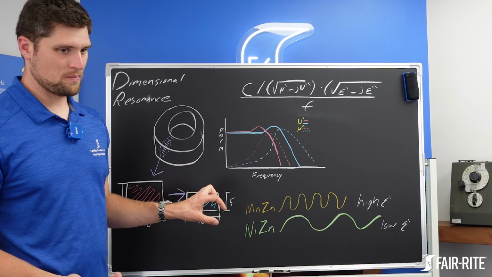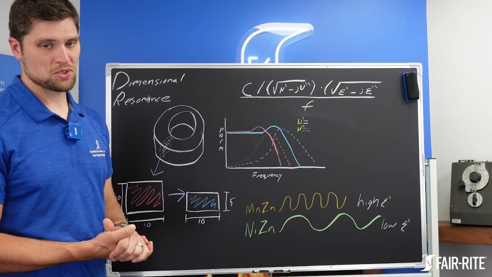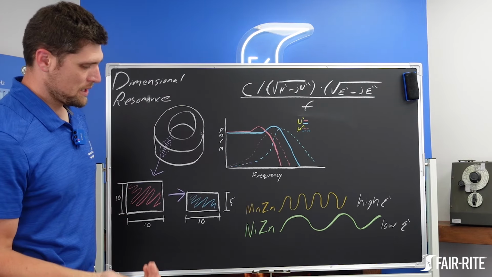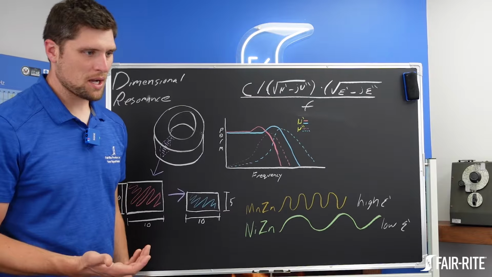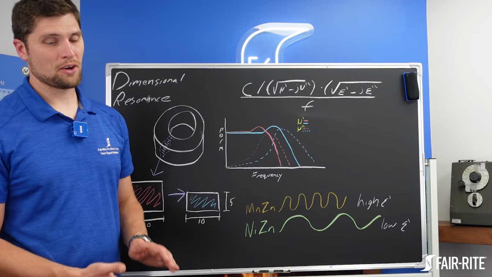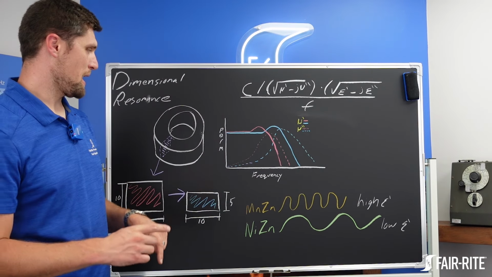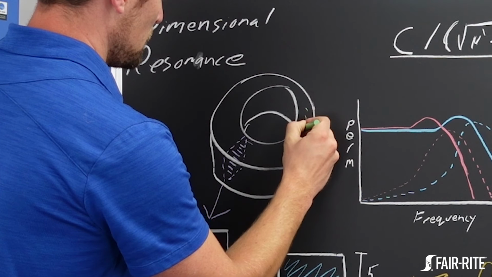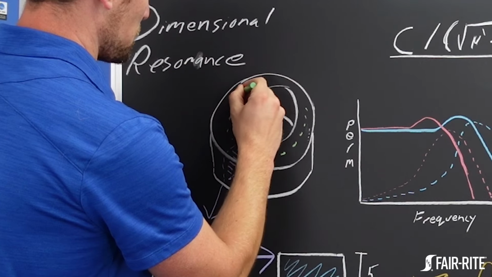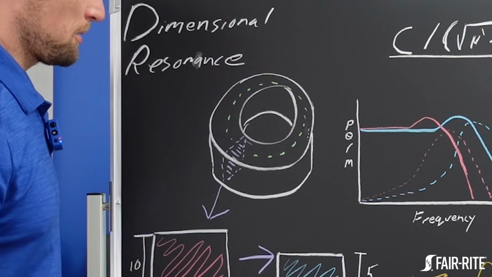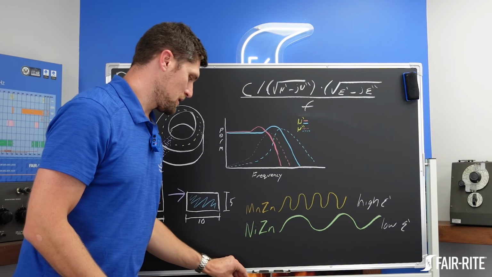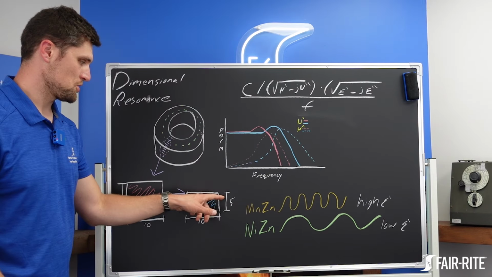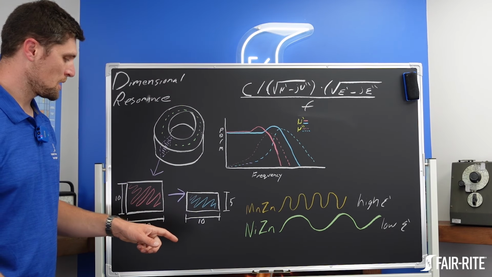That seems to be a huge thing that changes where that resonant point is for the core. Now, there's probably some component in there with the magnetic path length of the core. So this kind of circular distance around the toroid probably has some factor to play into there, but the correlation hasn't been as strong as it has been just shrinking one dimension.